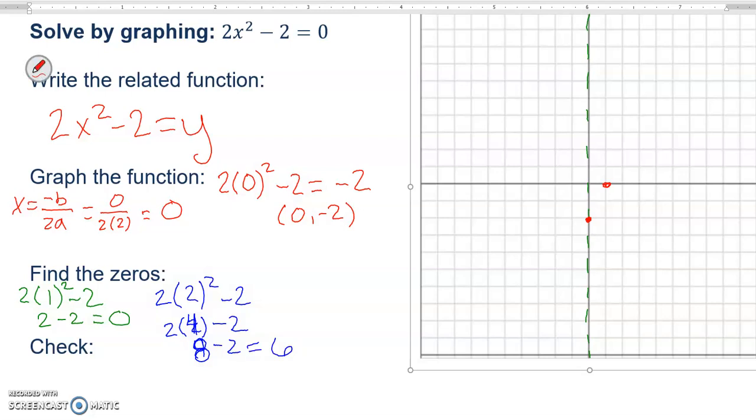So over 2, up 6, 1, 2, 3, 4, 5, 6, and then since this is our axis of symmetry in the middle, we can just reflect over that, like a mirror. And then we can draw our graph.